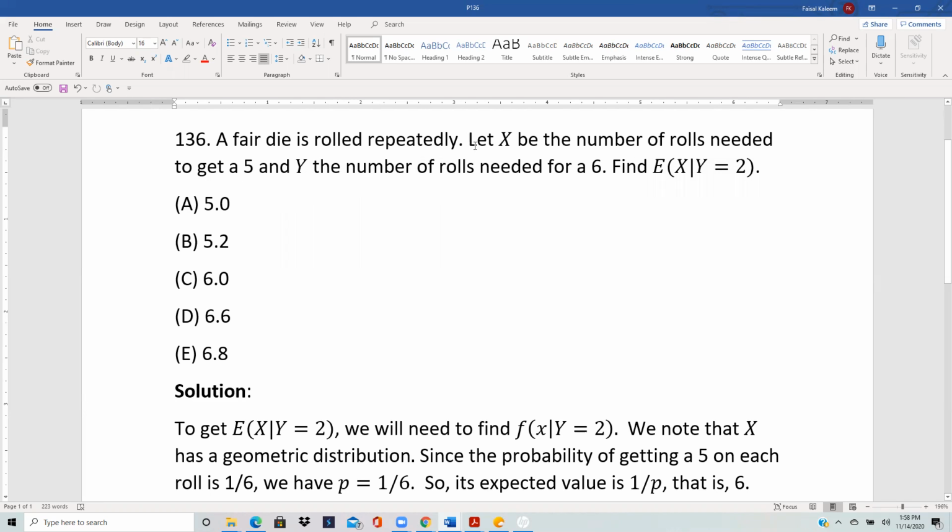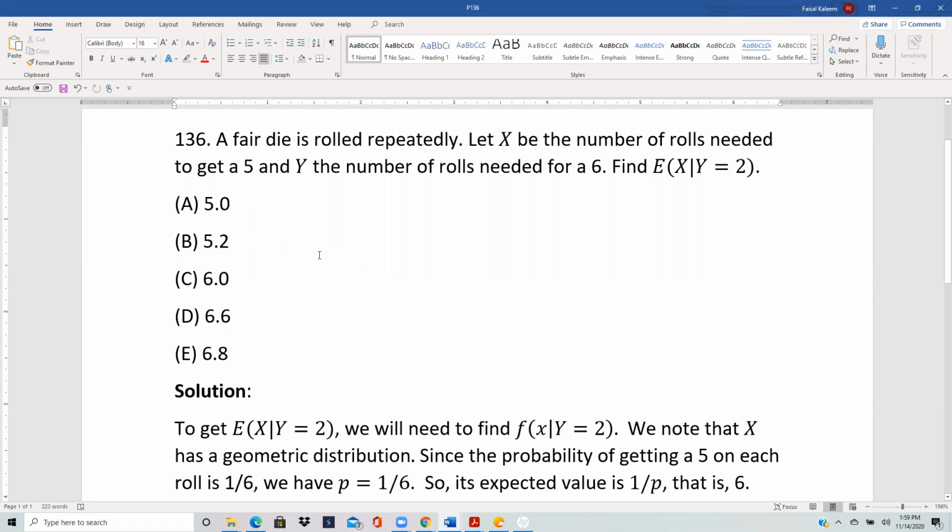So X is the number of rolls needed to get a 5. What they are trying to say is X is the number of rolls needed to get the first 5. That means that X has a geometric distribution with parameter P, where P is the probability of success in each trial.